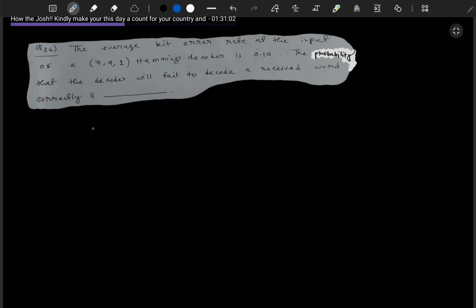In details I can go into it later, as of now I am going with this. PC equal to P0 plus P1. Wait a second, let's check this.